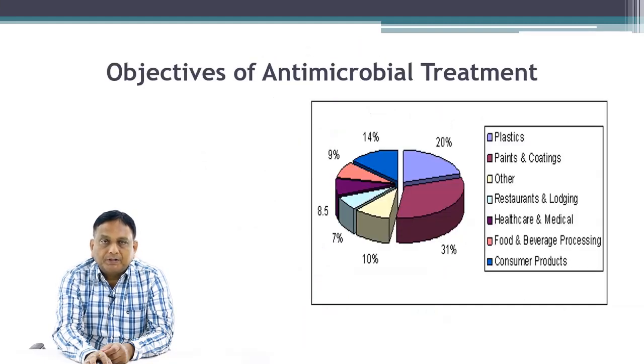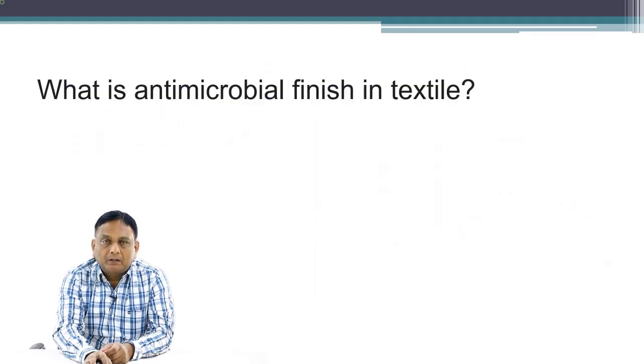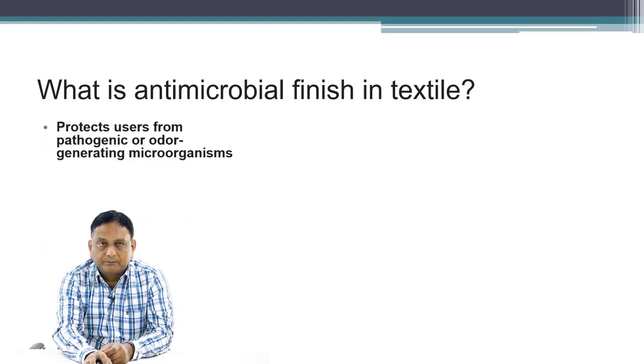Now what are the objectives of antimicrobial treatment? You can see different areas of applications. Normally it is to safeguard the textile products from staining, discoloration and quality deterioration. Those are the after effects of antimicrobial treatment, and for that reason the textiles are subjected to antimicrobial treatment. Now what is antimicrobial finish in textiles?